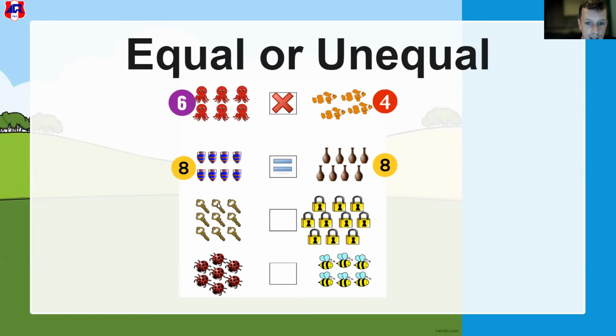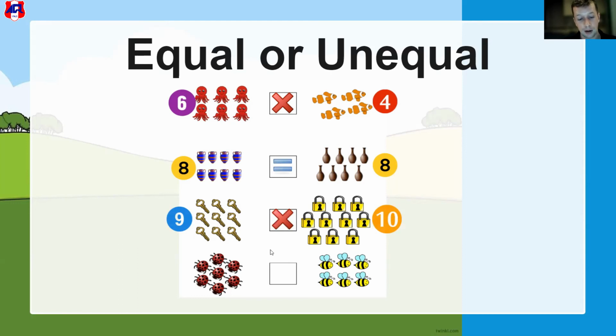Okay, now let's take a look at the keys and the locks, okay? 9 keys. And 10 locks. 9 and 10 are not the same number. So it's not equal.